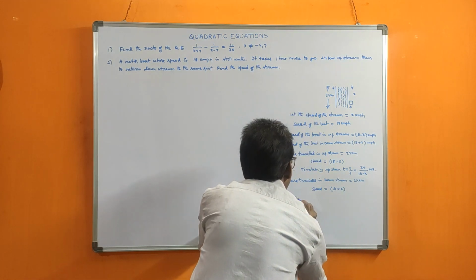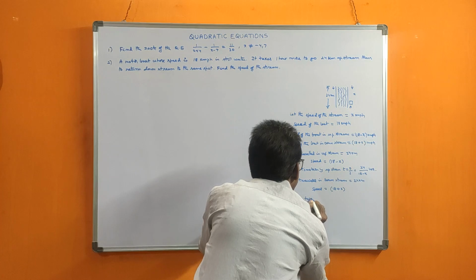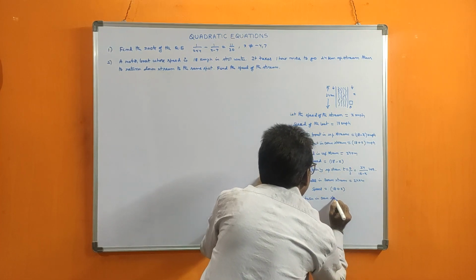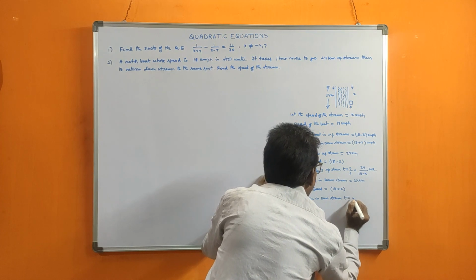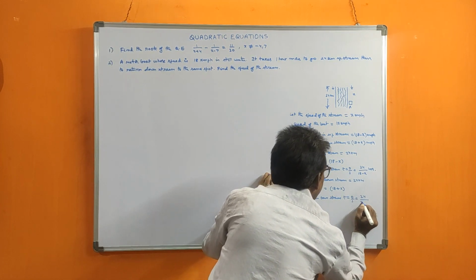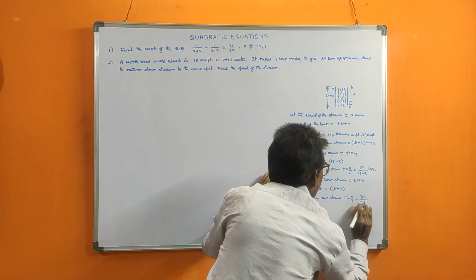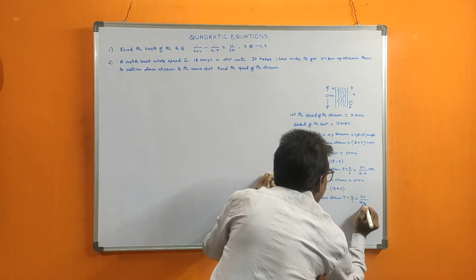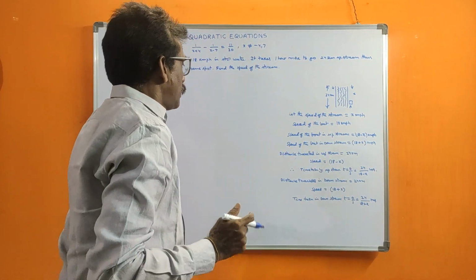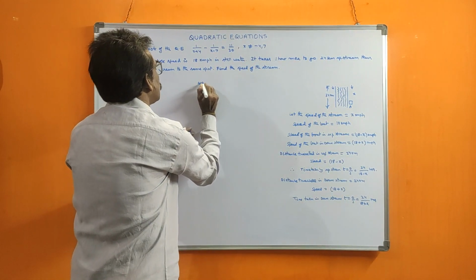Now time taken downstream, t is equal to d by s only. Here distance is 24, and speed is 18 plus x, hours.